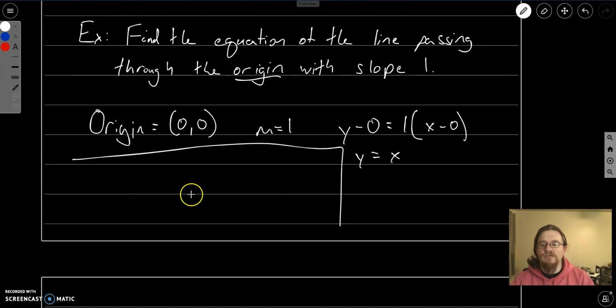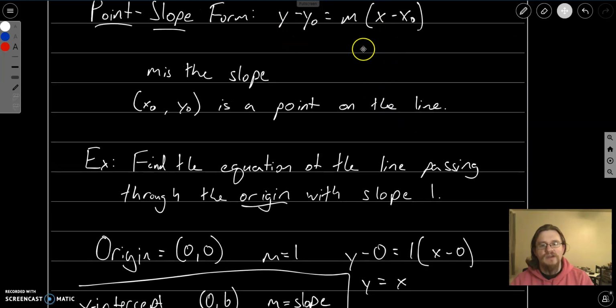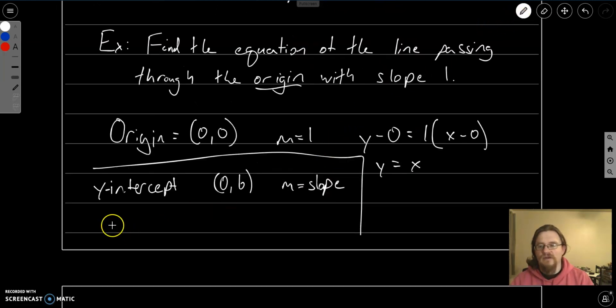One thing to notice is that if you choose the y-intercept for point-slope form, what does the y-intercept look like? Well, the y-intercept is always going to be a point along the y-axis. So the x value is 0, and the y value we call b. So if we have slope m, and we plug this into our equation up here, we'll have y minus b equal to m times x minus 0.